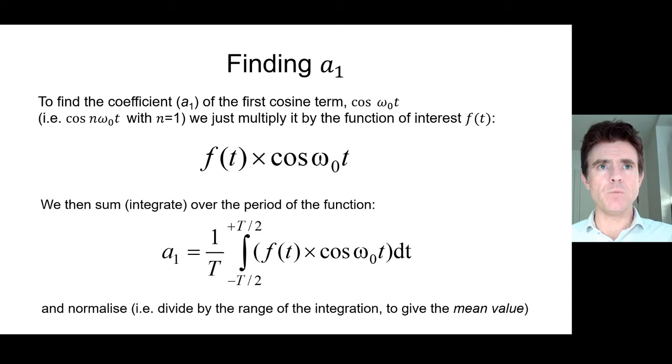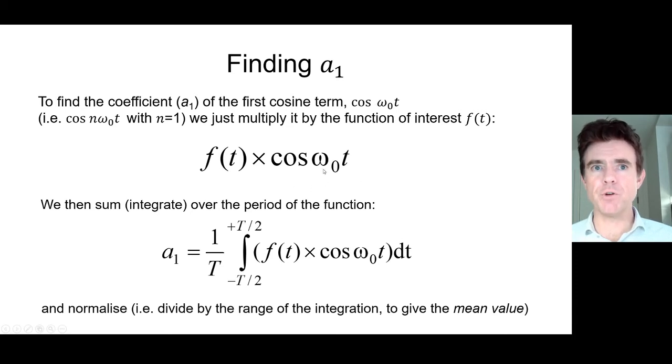What about a1? What about the coefficient for cos 1 omega naught t? So let's follow our same procedure. We start out with our real periodic function, f of t. We multiply it by the term for which we wish to find the coefficient.